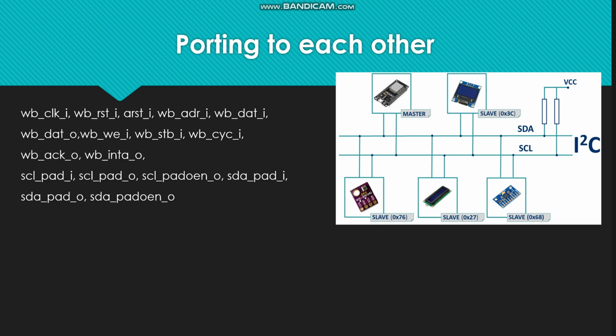We could use RST, RST_I and RST_N, and it would be the same in Avalon. So the WB_CLK_I signal is the clock signal and is the same as in Avalon. We could type it in Avalon in the same way.